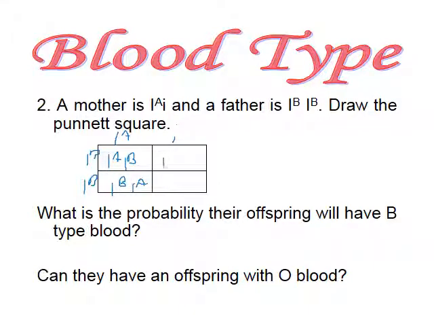And we have I^B, little i, I^B, little i. What is the probability their offspring will have type B blood? Well, these two on the left are type AB, so they can't be it. Therefore, the two on the right are type B blood, so it is 50%. And can they produce an offspring with O blood? No, because they all have A's or B's in the boxes. So 0% again. See, it's really rare to have type O blood.